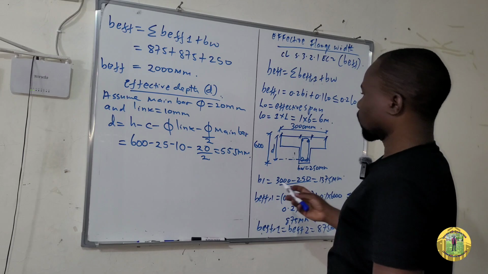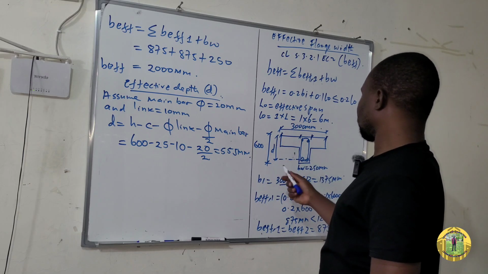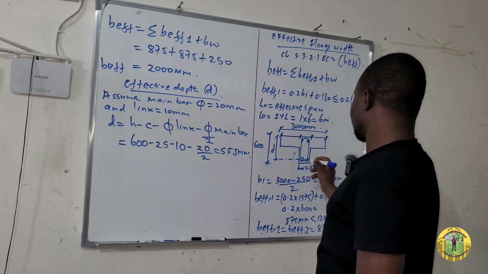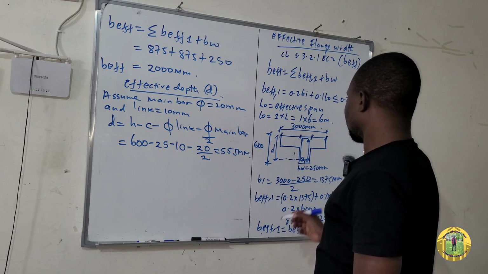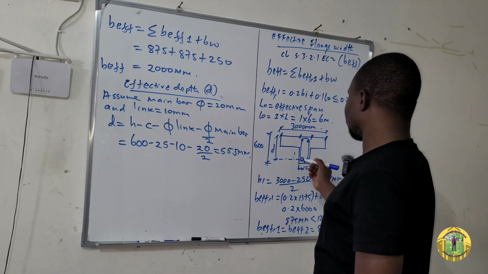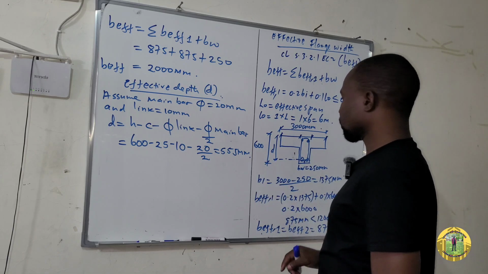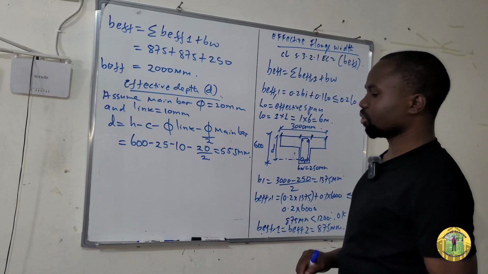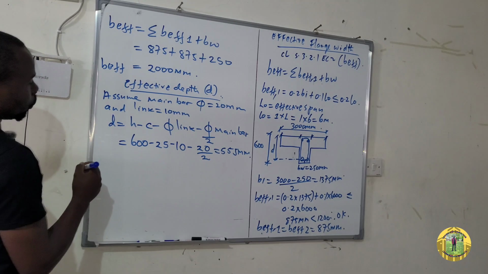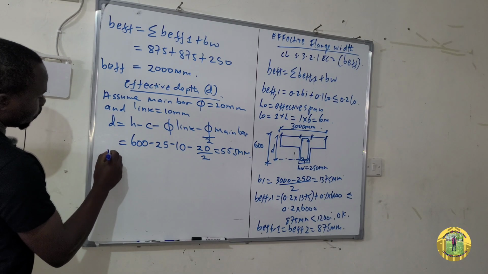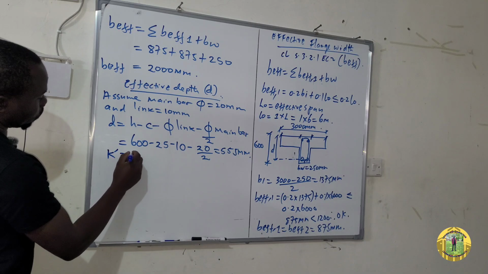So you will take 600 minus cover, this is cover, minus diameter of link minus a half of this, you will get 555 millimeters.